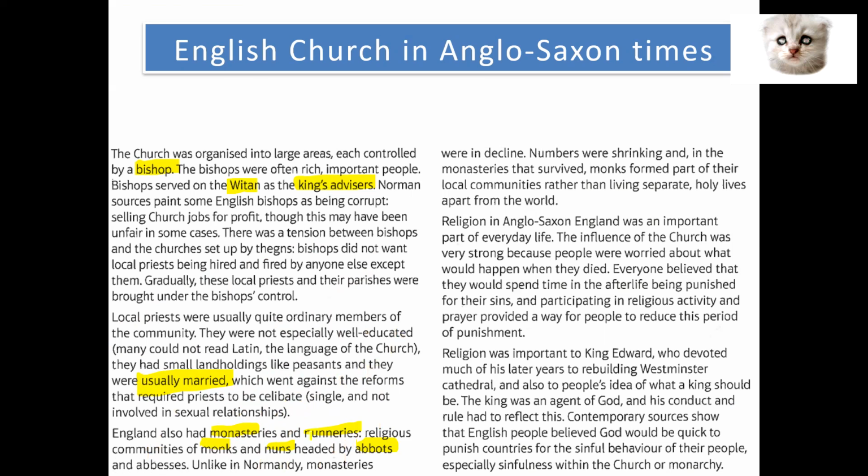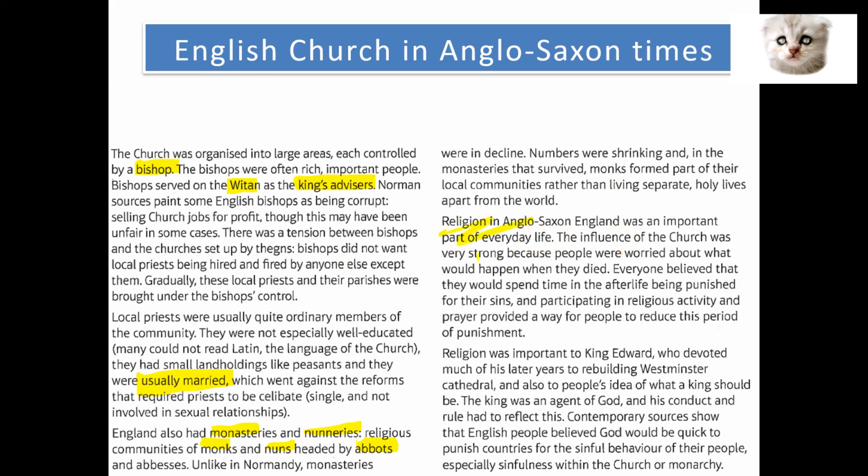A nunnery is staffed by nuns and is run by an abbess. Now in Europe, these were fast becoming unpopular. But in England, people often moved to the church as an alternative form of life, and it was still quite important.